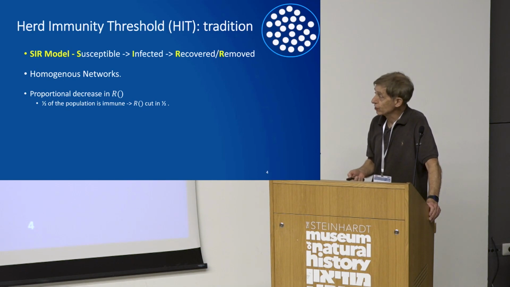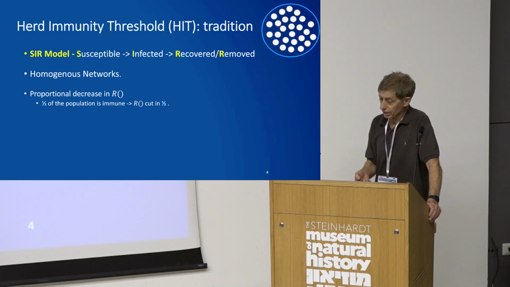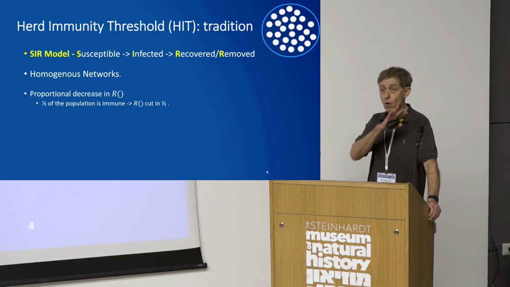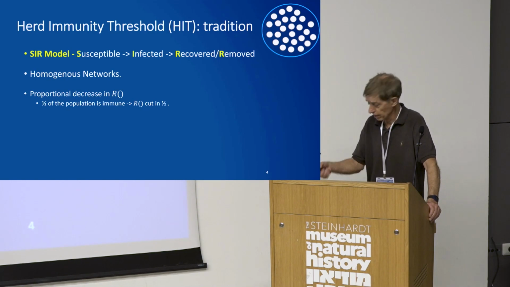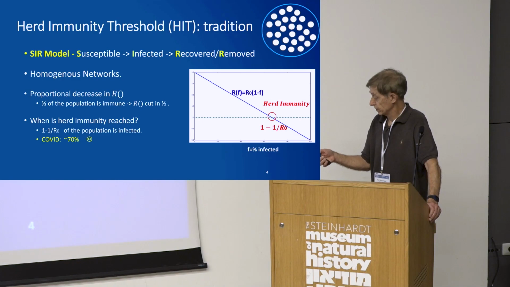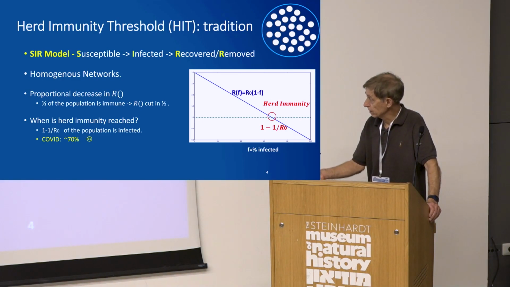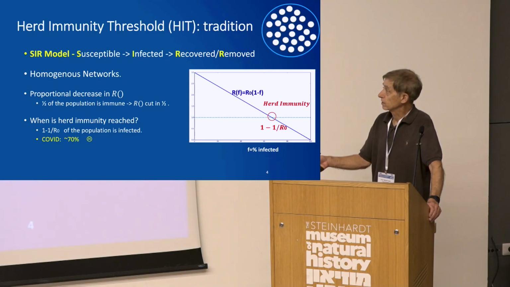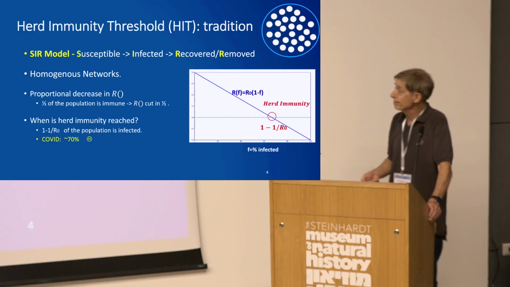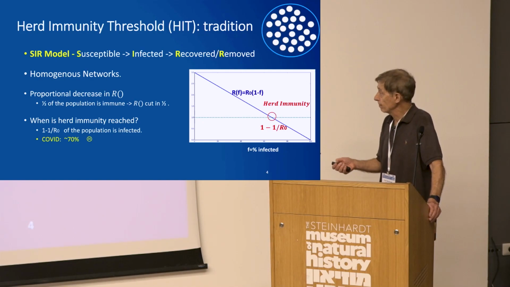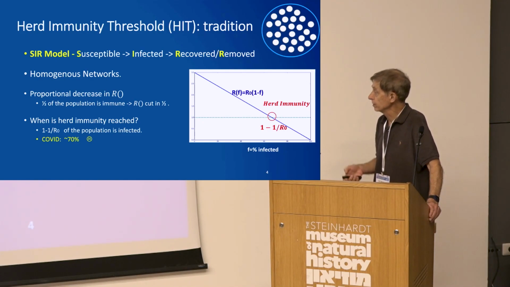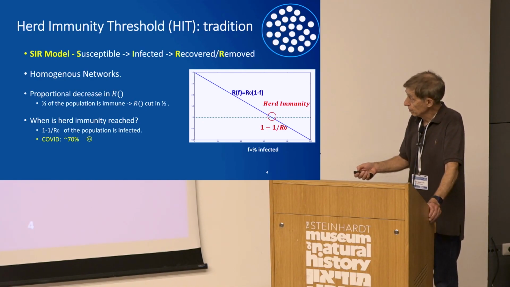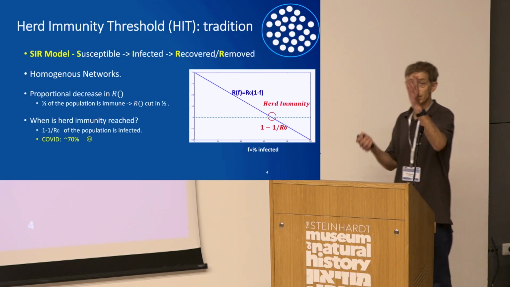Under these assumptions, the development of R along the pandemic is very simple. It's linear. If this is the fraction of people that got infected, and this is R, it starts with some number. In COVID, it started at 3, and then it goes down slowly, linearly along time. The most critical point is when R reaches 1, that's herd immunity.